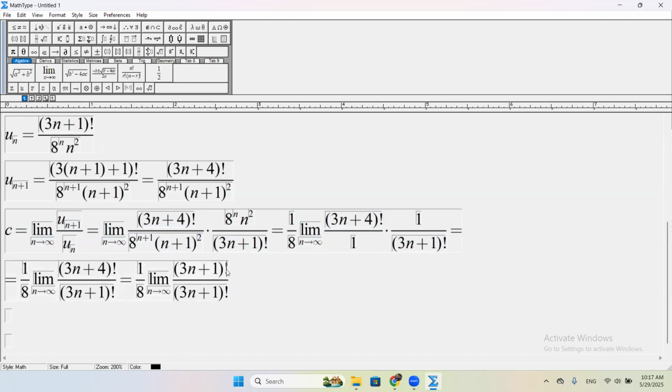The numerator will be written like this: (3n plus 1) factorial by (3n plus 2) by (3n plus 3) by (3n plus 4). So we will receive the following limit.